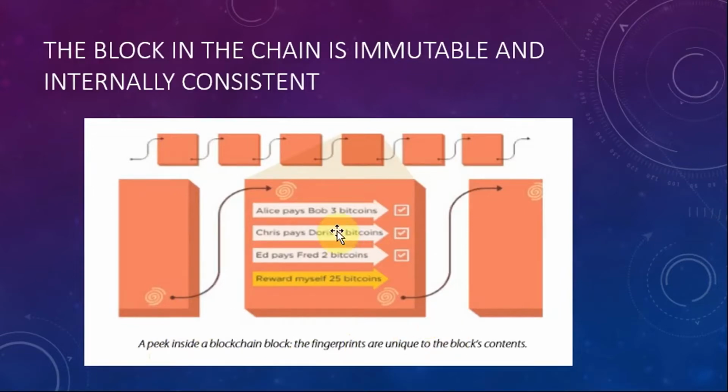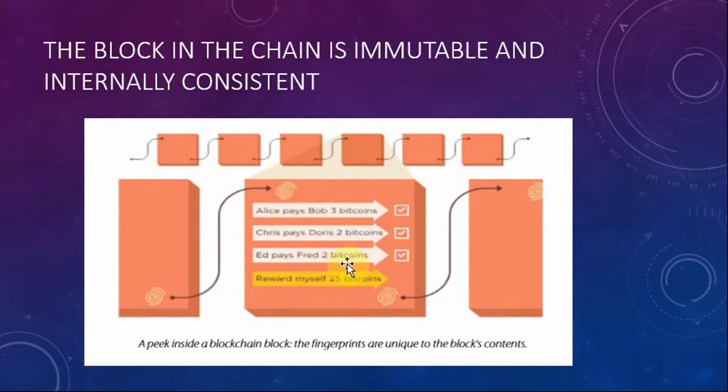Just like in the last example where A is moving money to B, once that transaction is sealed and put into the block, a fingerprint, a hash actually, is generated from the transactional content in that block.